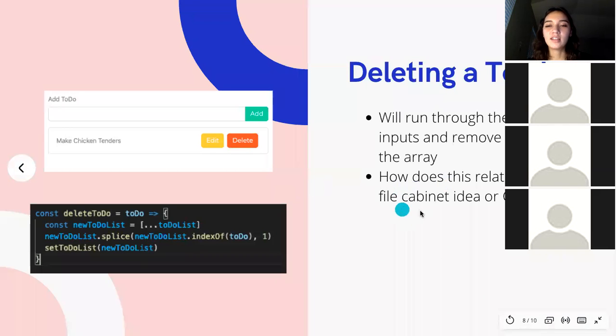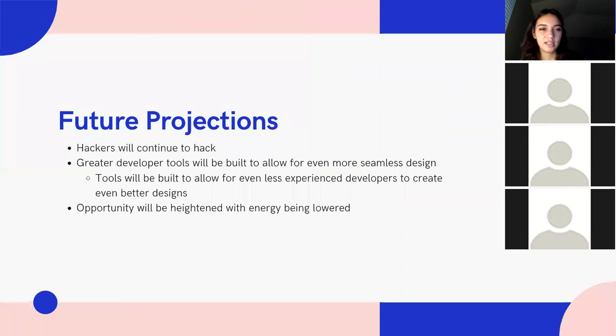This finally completes the D in our CRUD acronym, and the data will persist. So when I hit refresh on the web page, the to-do will no longer exist, showing how that data persists and how it represents our file cabinet idea.